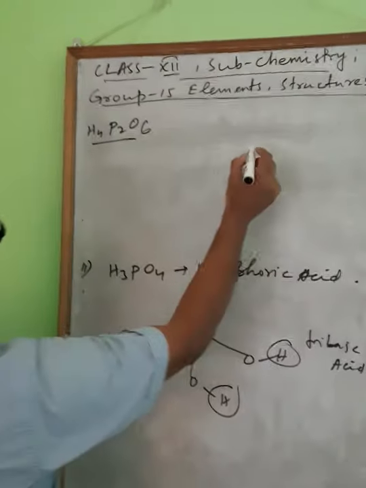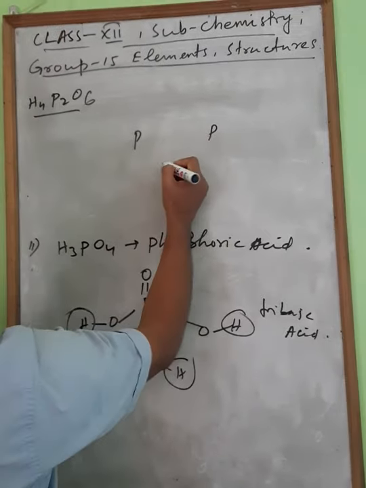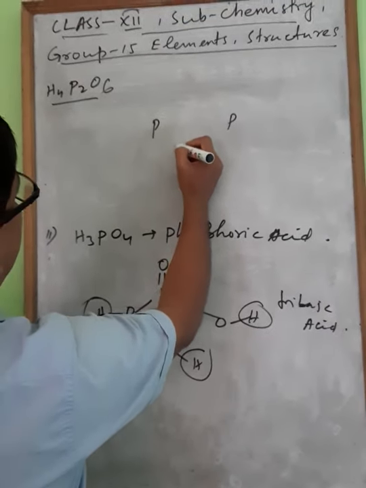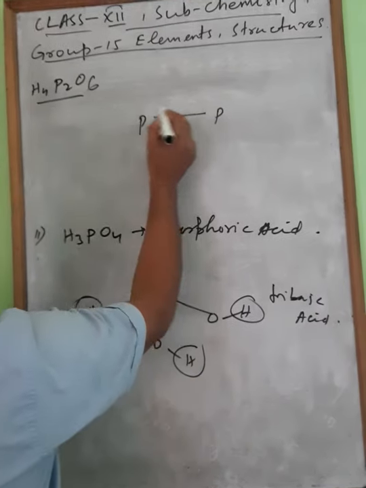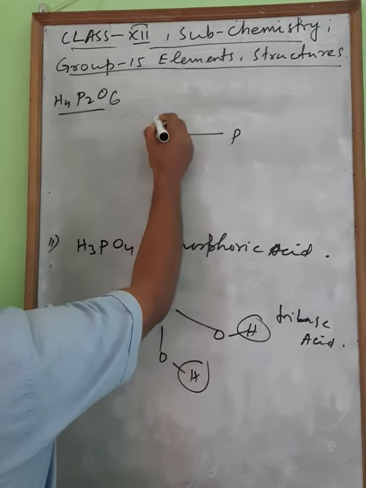What will be the structure? You know, there are 2 phosphorus atoms. Put a bond, and oxygen, how many? 6. 6 bonds are there.